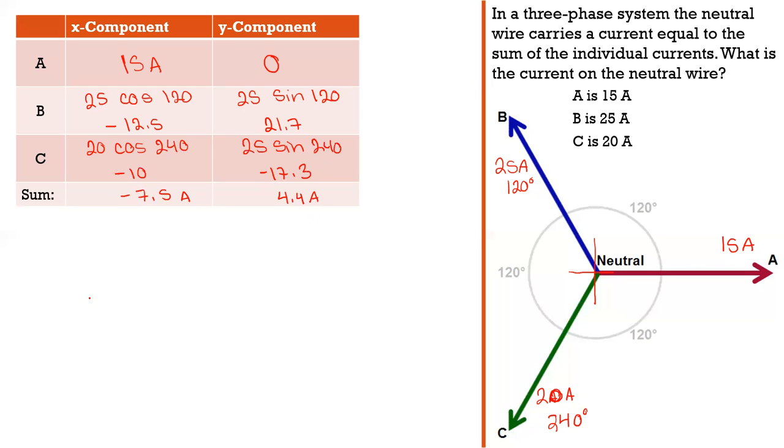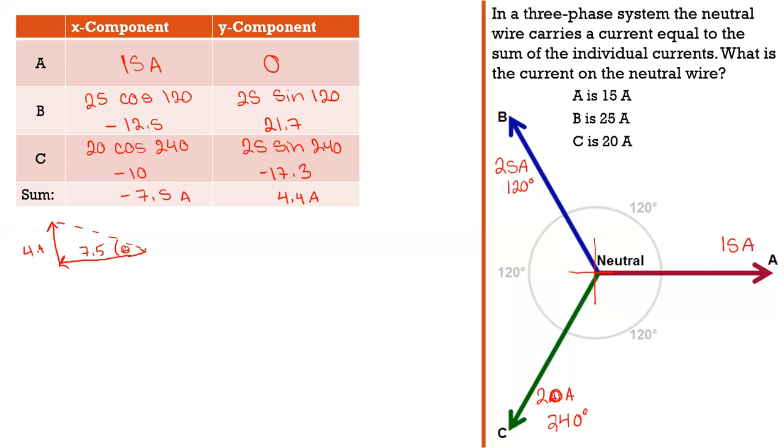And now we're back at the same old thing that we had before. So in the x direction, we go negative 7.5. Then we're going to go upwards 4.4. And there's our resultant, and there's our angle.